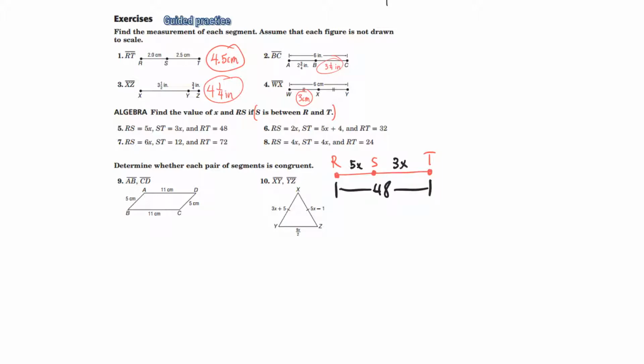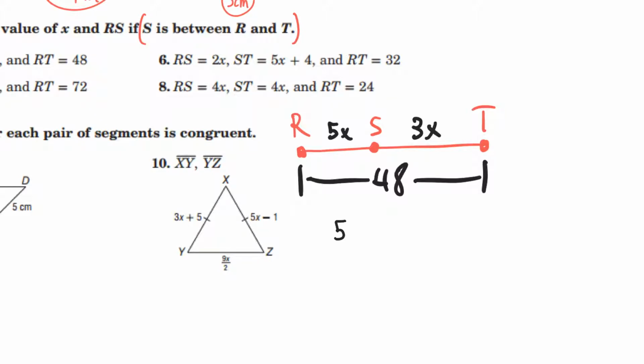Okay, so again, this should be pretty simple to set up. How am I going to set up the equation here to find the value of x? 5x plus 3x equals 48. Good. RS plus ST equals RT.